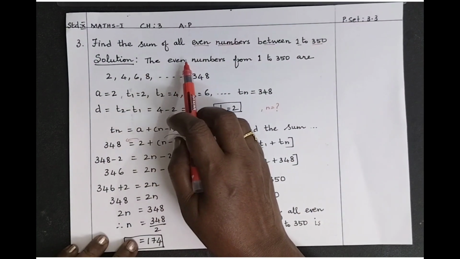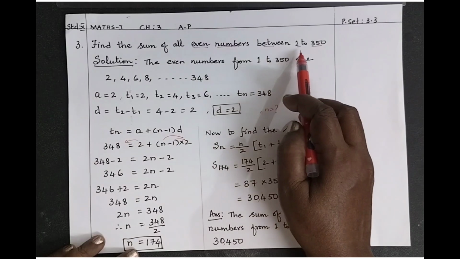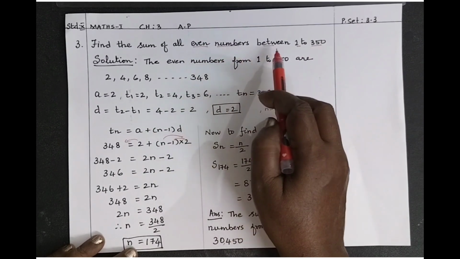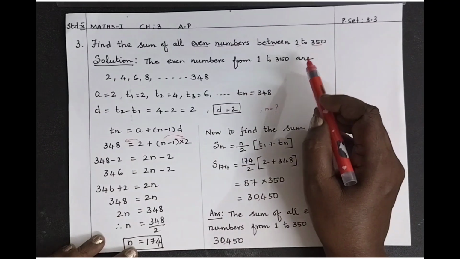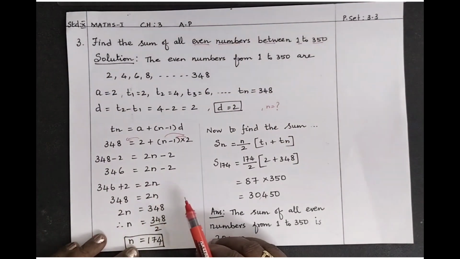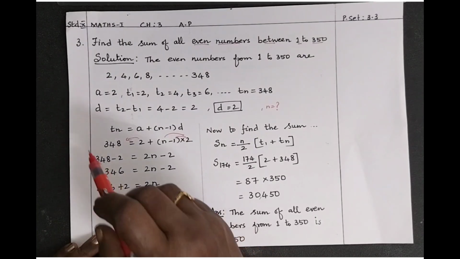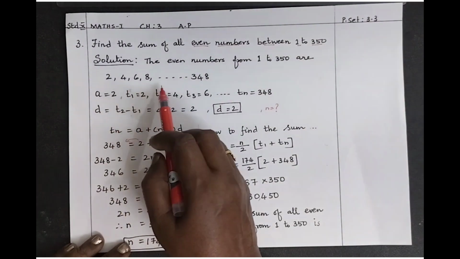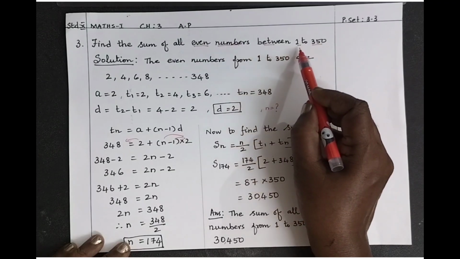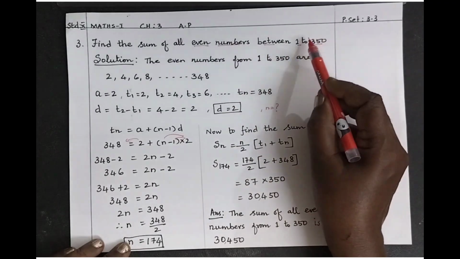Find the sum of all even numbers between 1 to 350. All even numbers. We don't know how many numbers. So let us write the numbers first and find the number of terms. So 2, 4, 6, 8, etc. 348. Since it is between 1 to 350, we should not take this 350.